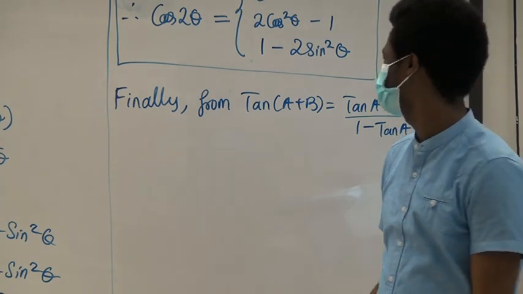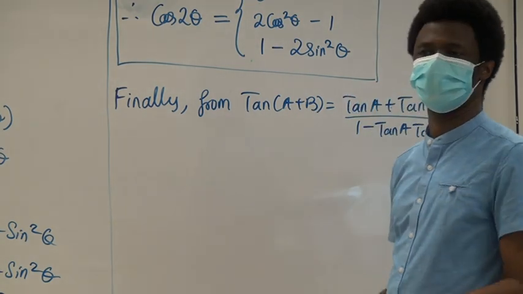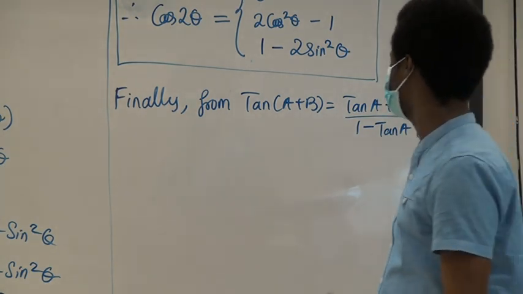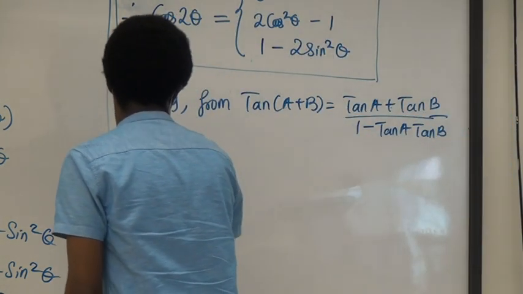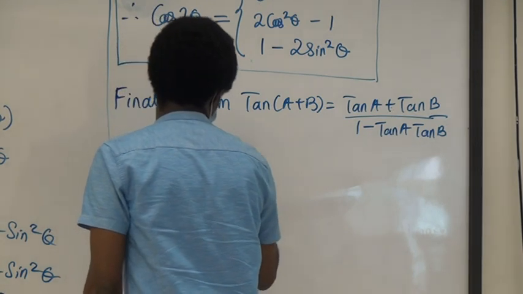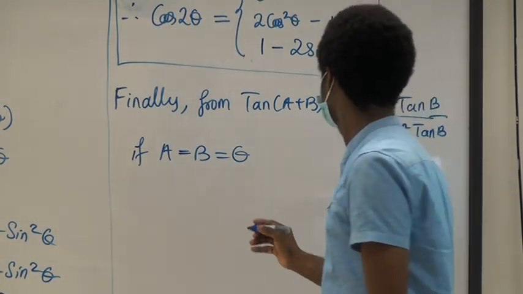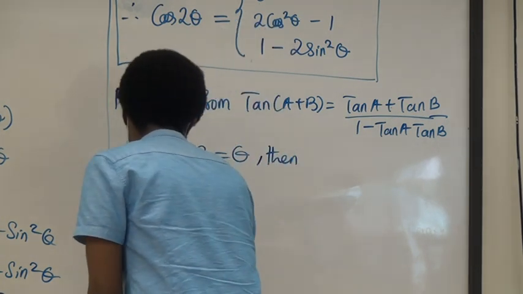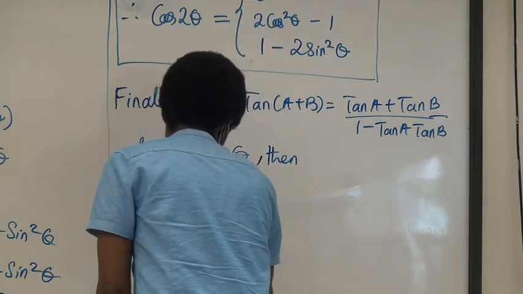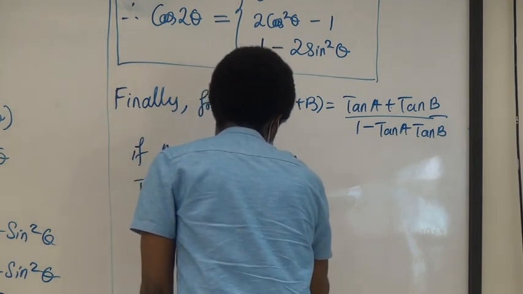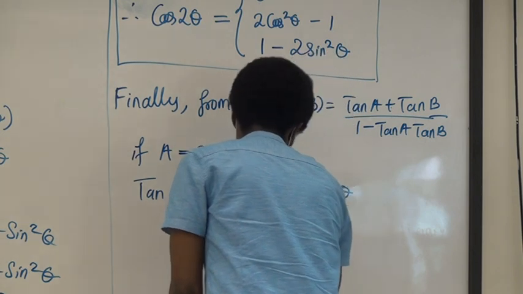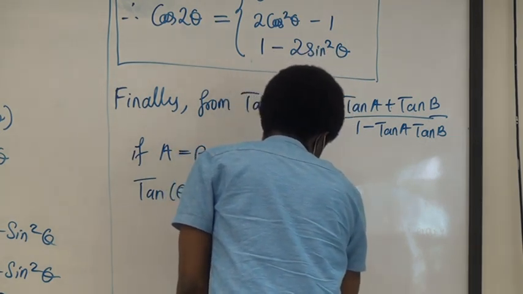But the A and B, if it is angle A in capital, make sure you are consistent with the way the question is. If A is equal to B is equal to theta, then tan theta plus theta equals tan theta plus tan theta divided by 1 minus tan theta tan theta.